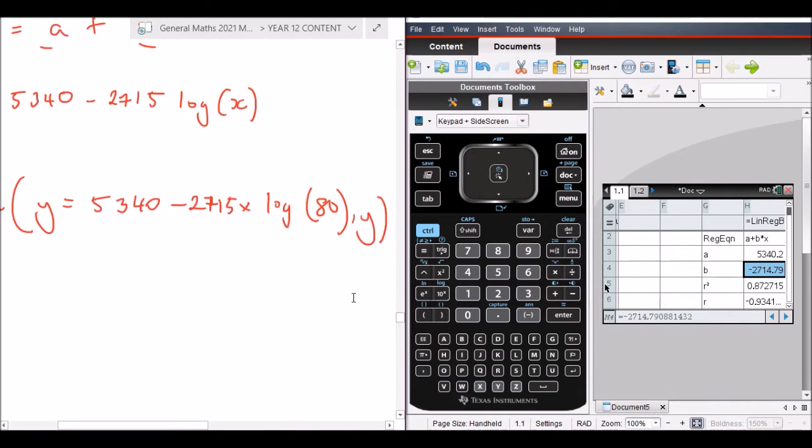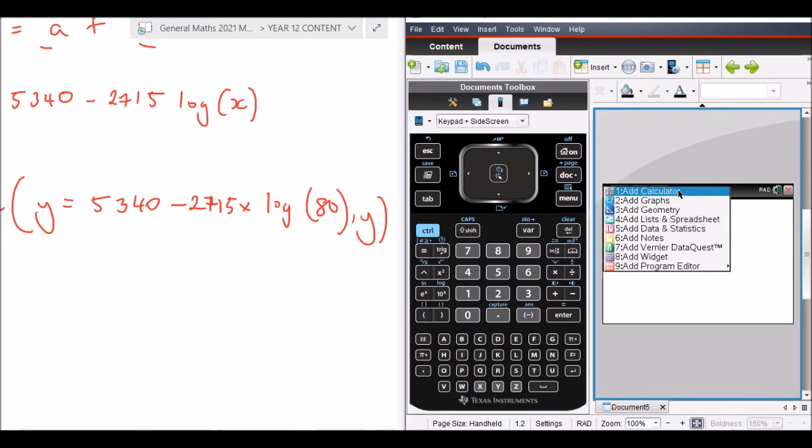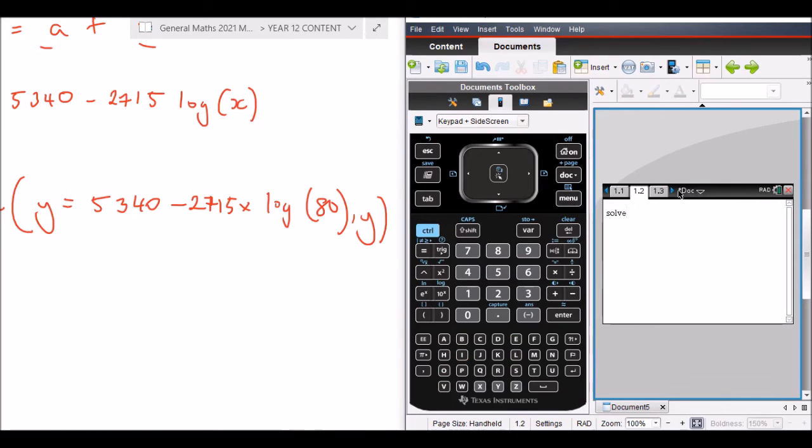Let's put that in our calculator. Solve bracket y equals 5340, take away 2715, multiplied by the log of 80, close that bracket, and then comma y, close bracket. Oops, I think I forgot to put a bracket there.